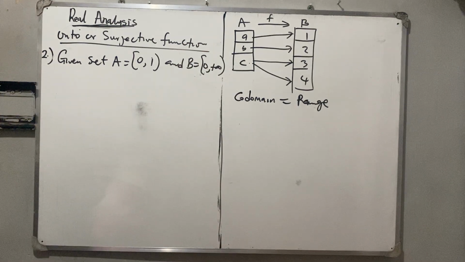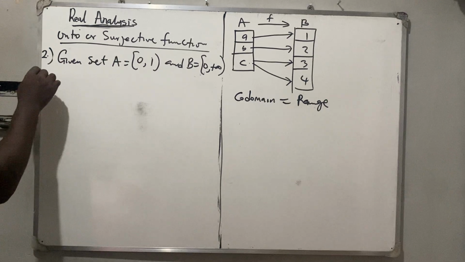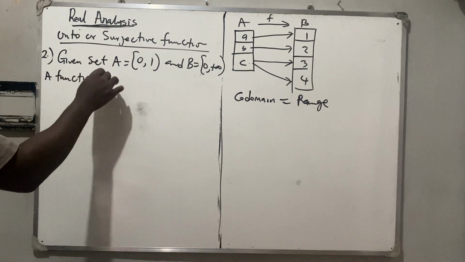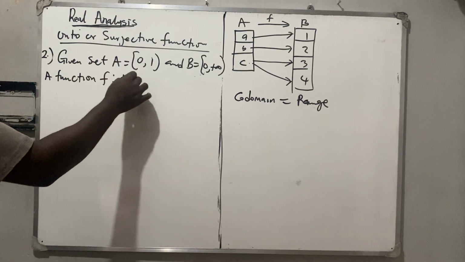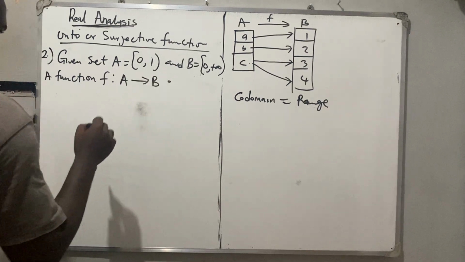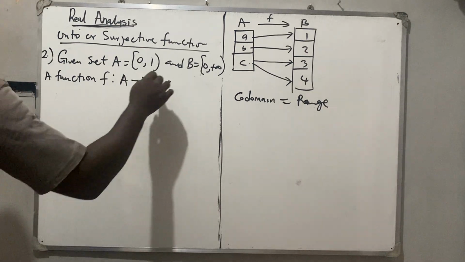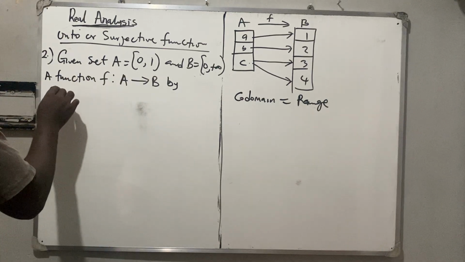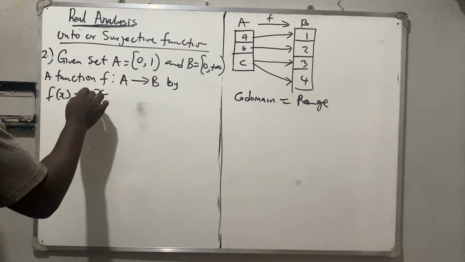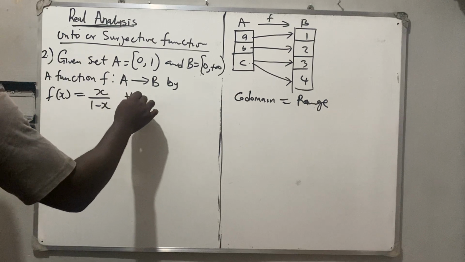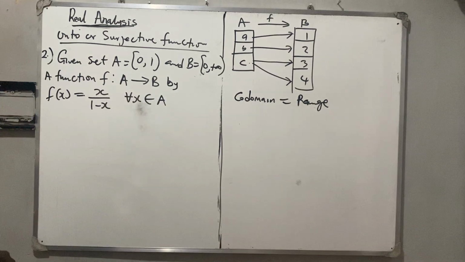Okay, a function f that maps A to B is denoted by f of x equal to x over 1 minus x for all x that belongs to A, okay?